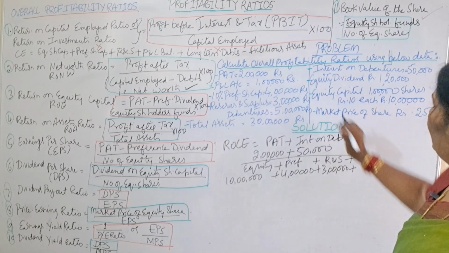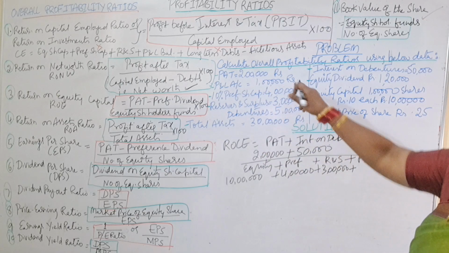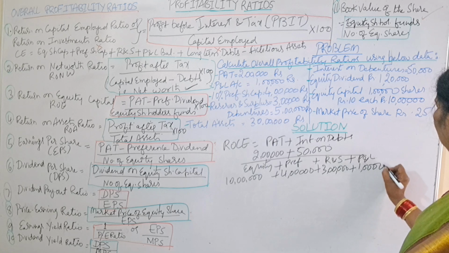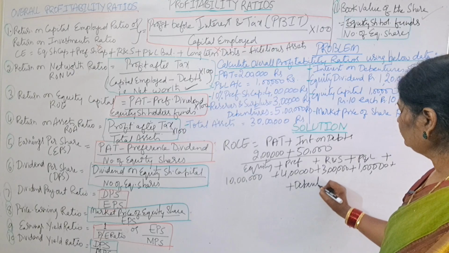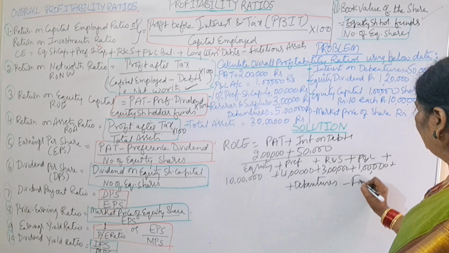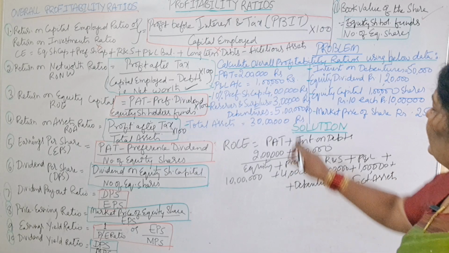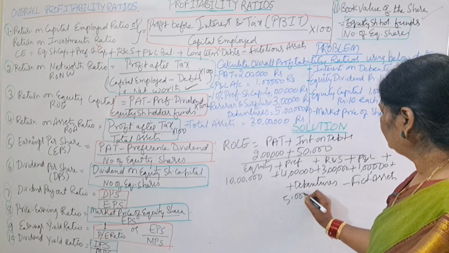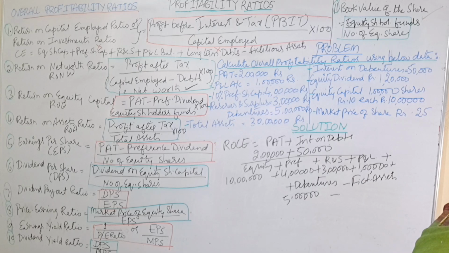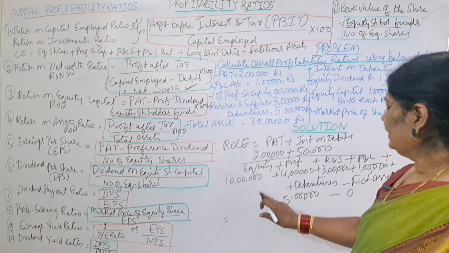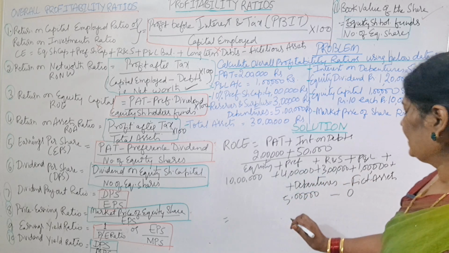Next, P and L account balance, 1 lakh, plus debentures 5 lakhs, minus fictitious assets. Are any fictitious assets there? No, so it is 0. So now calculate: 10 lakhs plus 4 lakhs, 14 lakhs, 3 lakhs, 17 lakhs, 18 lakhs plus 5 lakhs, 23 lakhs.